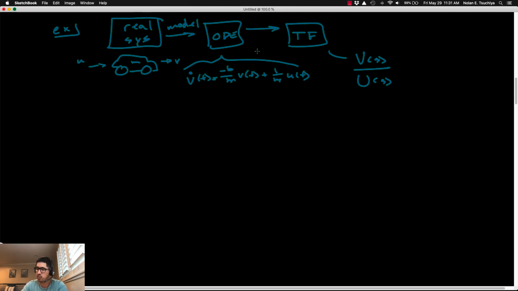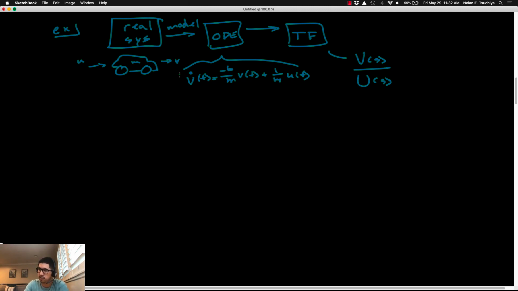The way we get there is to start with the differential equation, and you can actually derive this ratio without knowing the inputs and outputs. You take the Laplace transform of both sides and simply solve for this ratio, independent of any specific input or output.